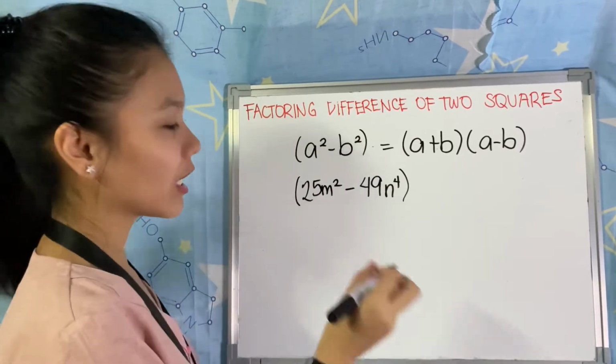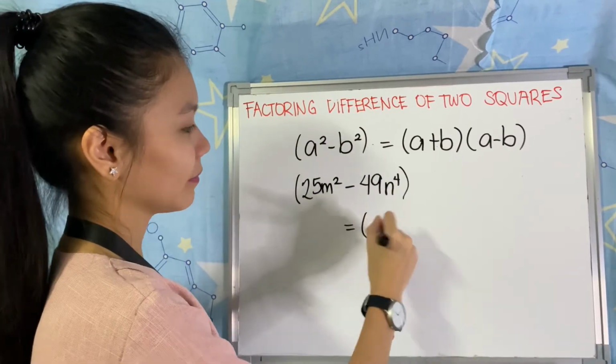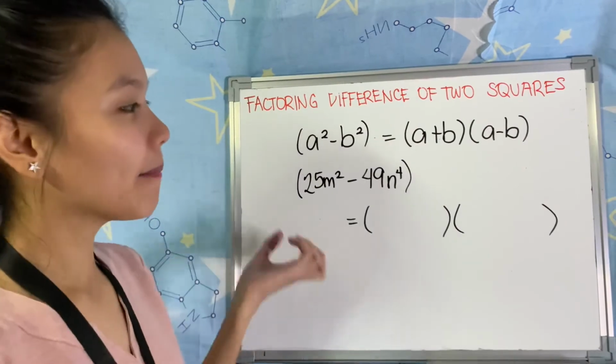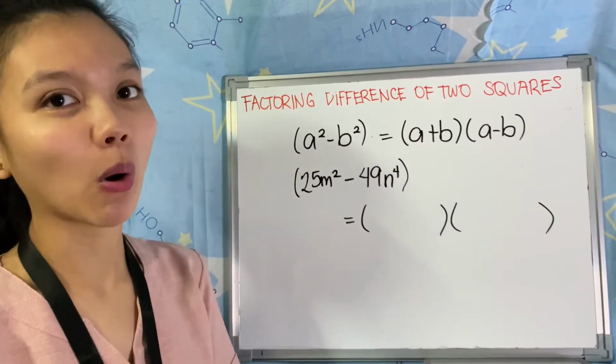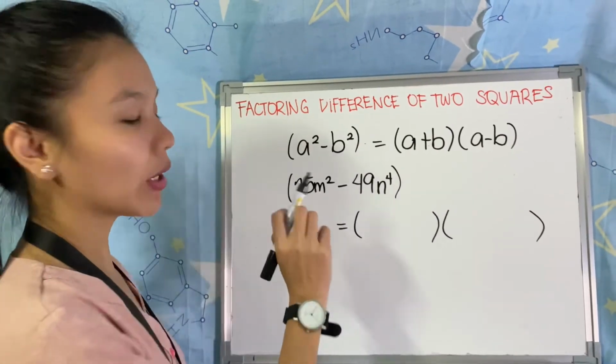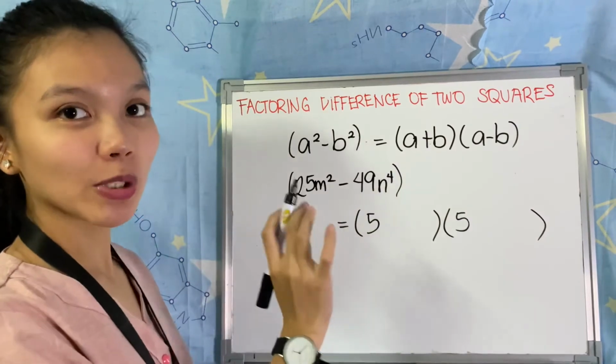Pwedeng ilagay nyo na muna yung parenthesis natin para isusulat na lang natin dyan yung makukuha natin na square root ng ating terms. The square root of 25 is 5. The square root of m squared is m.